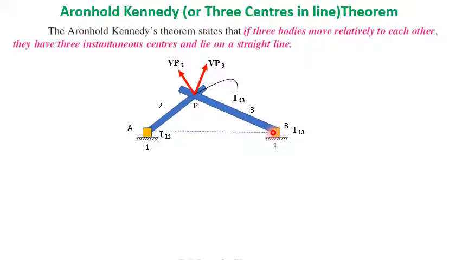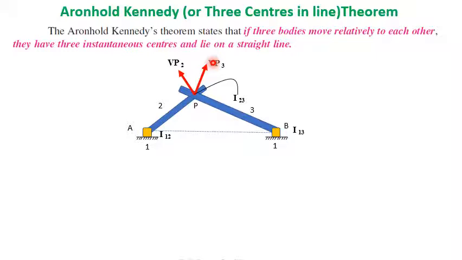So it indicates that the velocity VP of this I23 is in different directions. The direction of VP2 is in this direction, whereas the VP3 direction is in this direction, which is not possible. Hence, the instantaneous center of 2 and 3 cannot be at the assumed position.